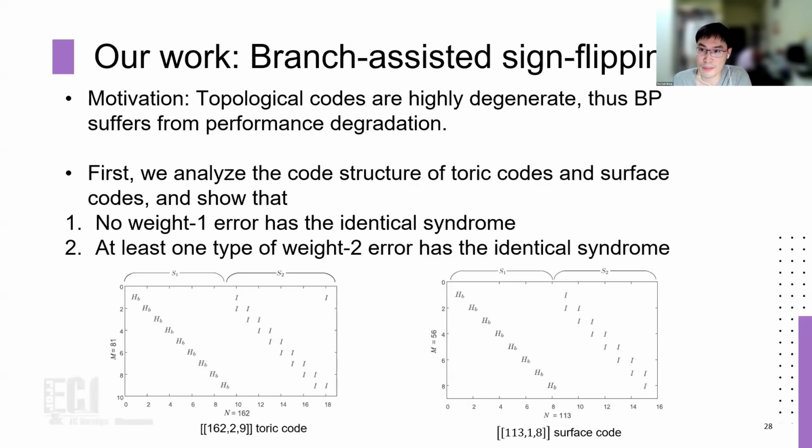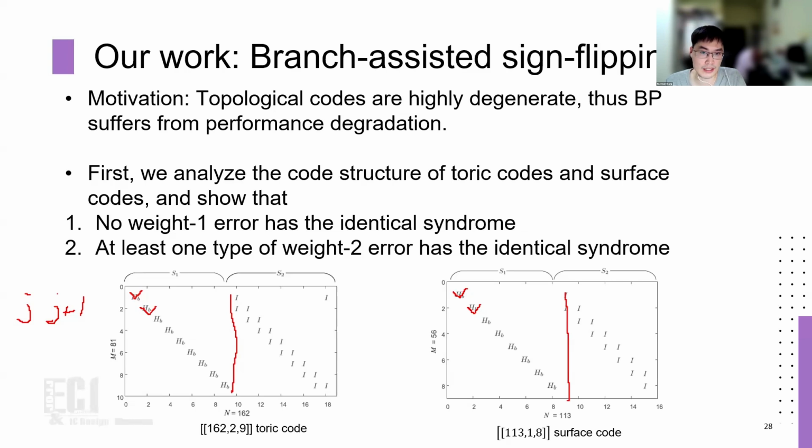So for example, given a weight-2 error with index J and J plus 1, which also belongs to the same block column in S2, for example this black column and this black column, we can find another weight-2 error with index belonging to a different block column in S1, and both errors have the same syndrome.